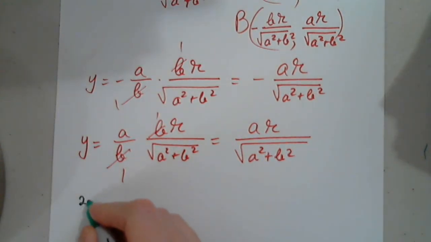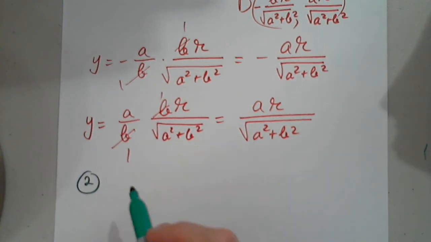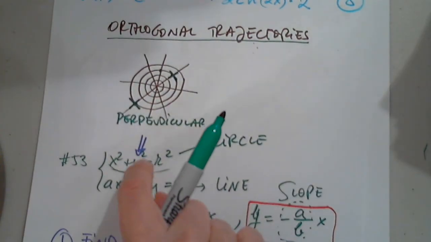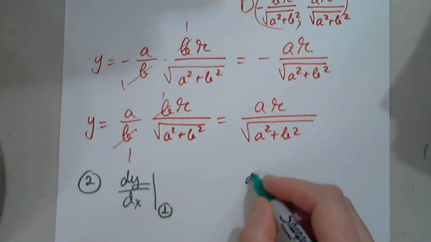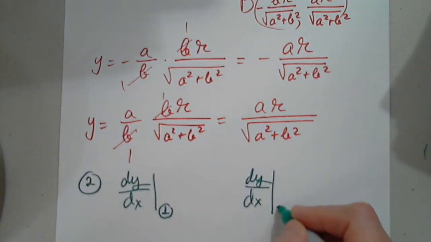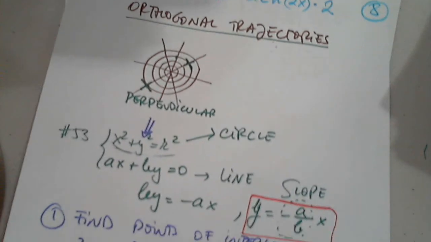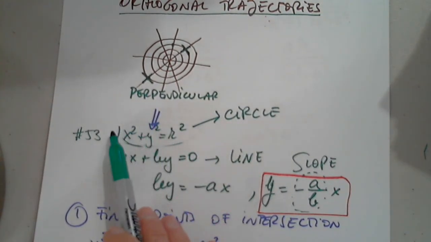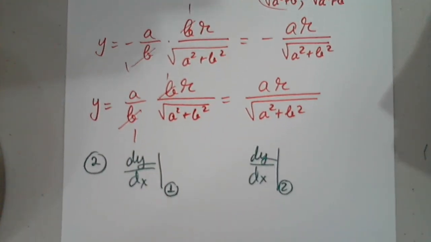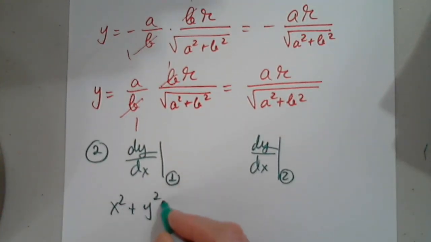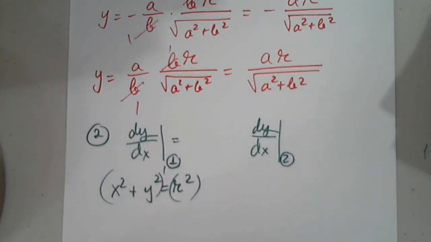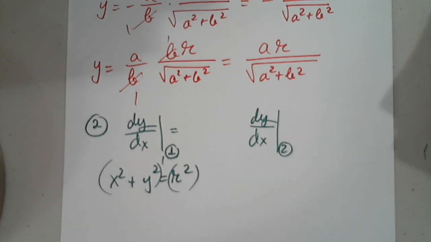In step number 2, I have to find the slope dy over dx for the first curve and dy over dx for the second curve. So x squared plus y squared equals r squared. Differentiate implicitly to determine this. What do I have on the left-hand side?